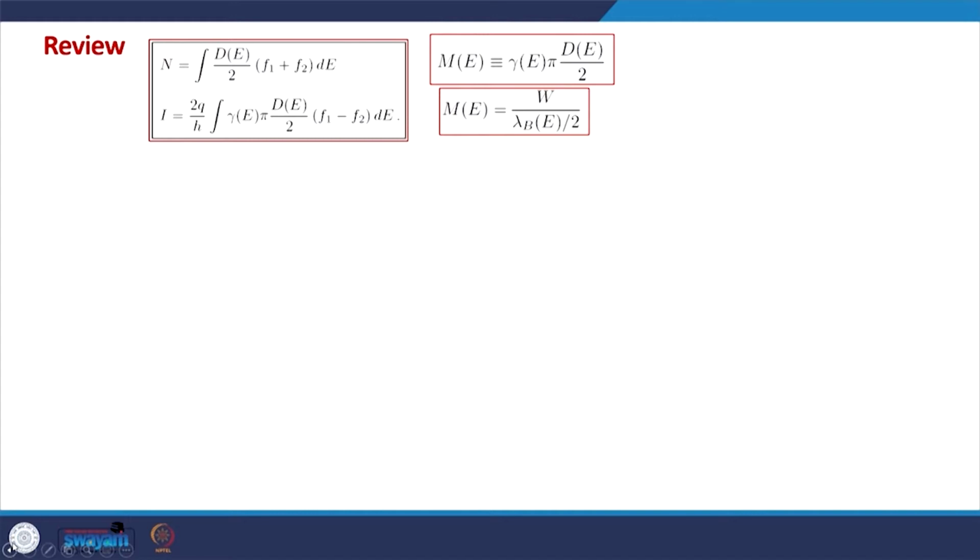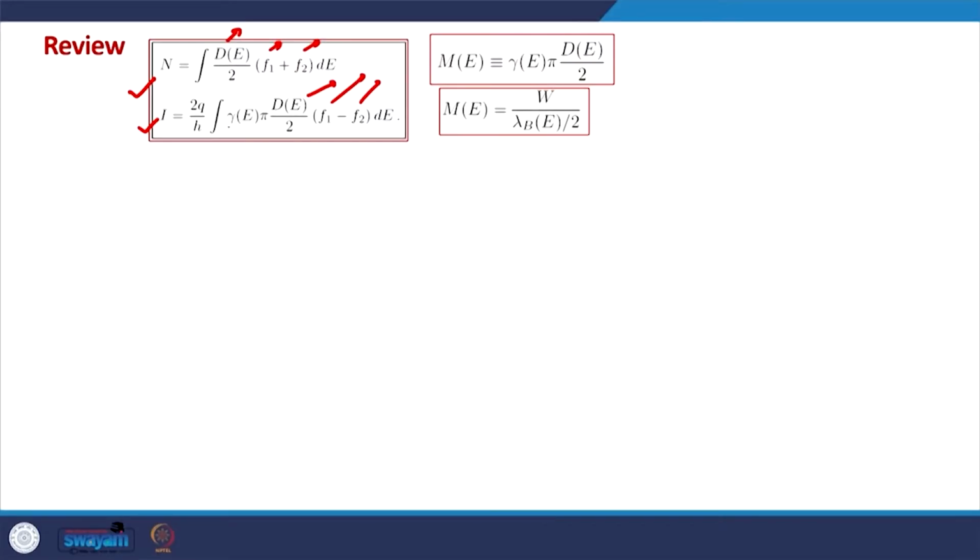In the general model of transport we saw the steady state number of electrons in the device, and the steady state current in the device in terms of the density of states in the channel and the Fermi functions of the contacts. So in terms of basic device parameters, we could deduce the steady state number of electrons and steady state current in the device.